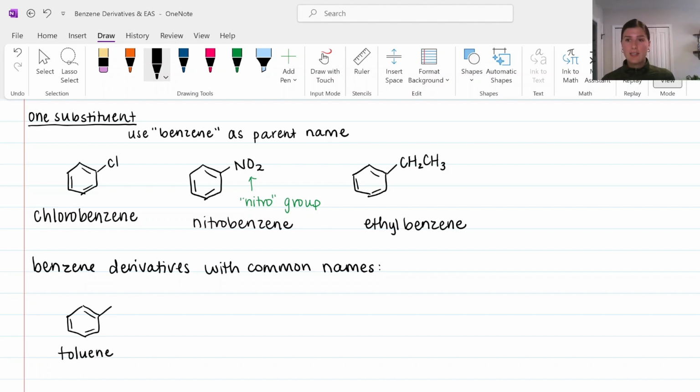That toluene is actually used in names when we're talking about benzene derivatives, so these are names that you also want to commit to memory. So we have toluene. If that substituent is a hydroxy group or an alcohol, we call this phenol. And then if that group is an amine, an NH2 group, a primary amine, this is aniline.